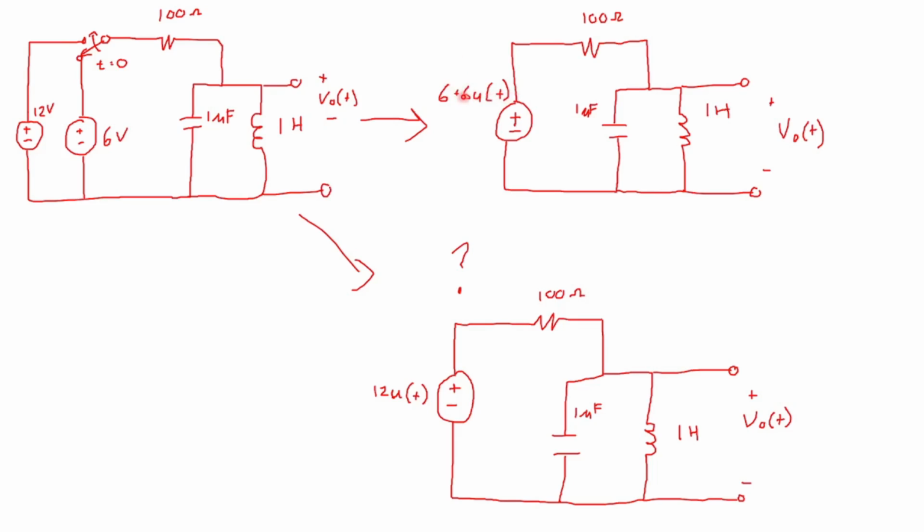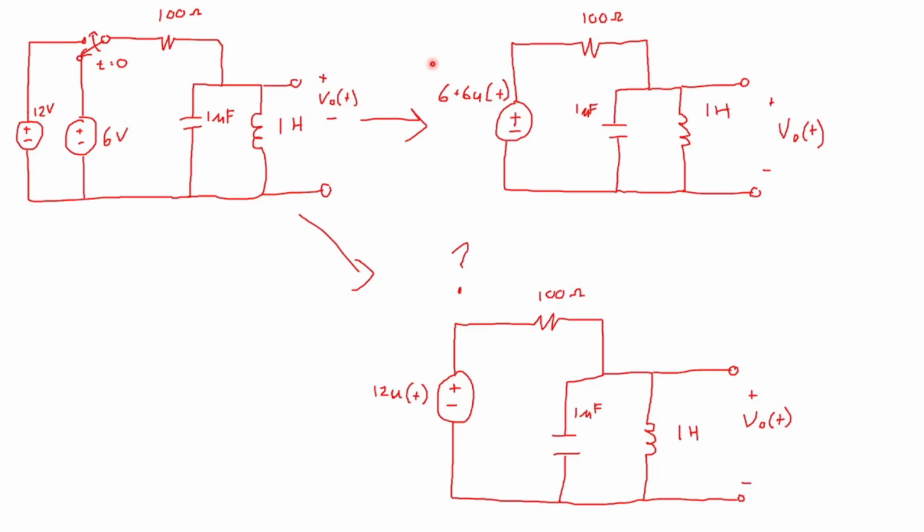And then because there's a 6 out front, 6 plus 6 u of t starts at 6 for time t less than 0. And then after time t is greater than or equal to 0, it makes a sudden jump up to 12. And that's exactly what we're dealing with here.